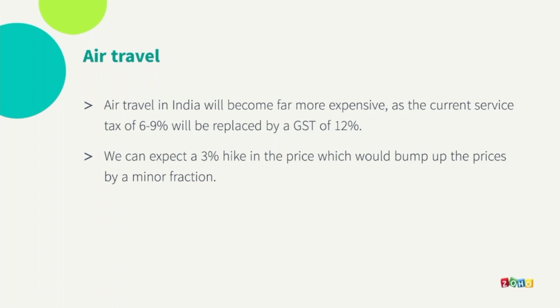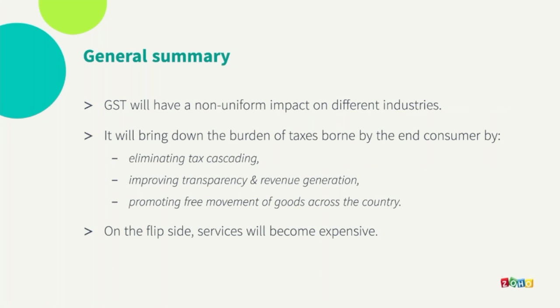So with that, we come to the general summary. We saw how GST impacted 5 different industries as a whole. And with that, we conclude that GST will have a non-uniform impact on different industries. Even though it will have a non-uniform impact, one key takeaway is that the GST rate for a particular item or service is going to be uniform throughout the country.